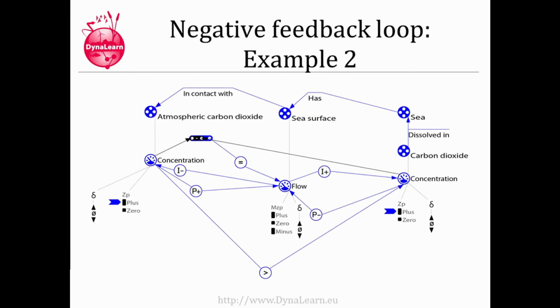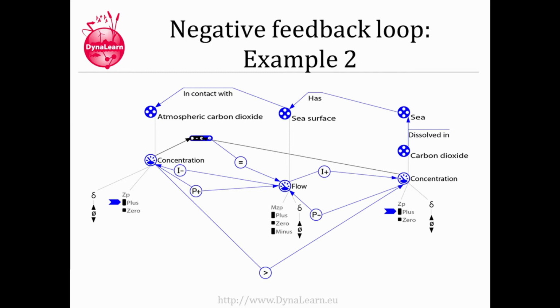The second example of a negative feedback loop we've seen in the video about equilibrium seeking mechanisms. This equilibrium seeking mechanism represents the flow of atmospheric carbon dioxide into the sea. So there's a flow which reduces the concentration of atmospheric carbon dioxide and increases the concentration of carbon dioxide in the sea.